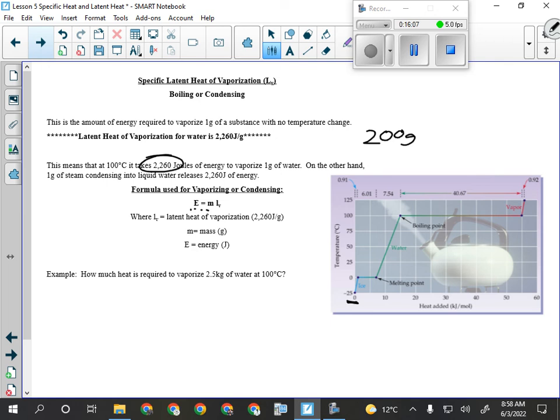For this part of the graph right here, you'd use E equals MC delta T. So I'd have my M, 200 grams, times the specific heat capacity of ice, 2.116, times what would be the temperature change if I'm starting from the bottom here? Nope. The total change would be 150, yes, but I'm only changing the temperature of the ice by 25.